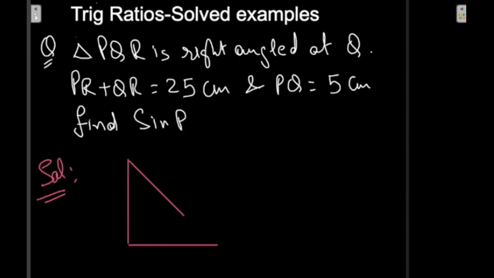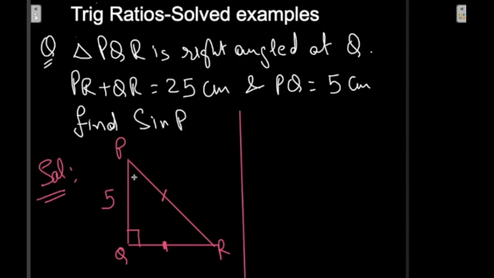So it's right angled at Q. Let's give the names P, Q, and R. Now we are given PR plus QR is equal to 25 centimeter and PQ is equal to 5. So we are given one side and we are given a relationship between the other two sides. Let's solve it.